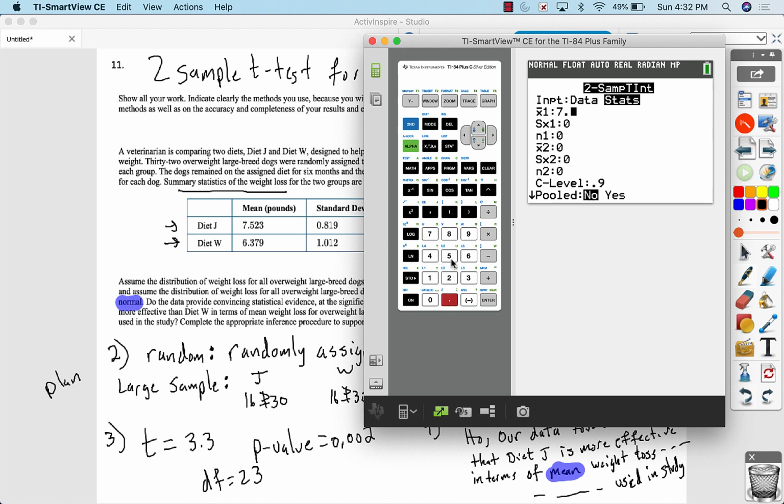If it's right and you've already seen it, then you could just move on. And then 0.819. Oh, that's wrong. 16 dogs in there. How about 6.3? I thought I double checked.